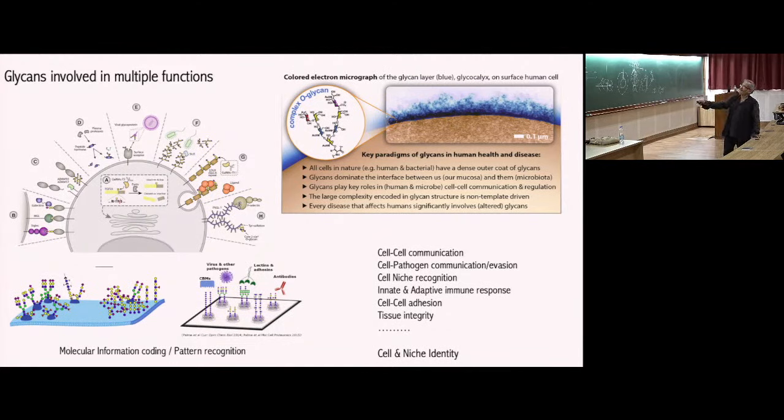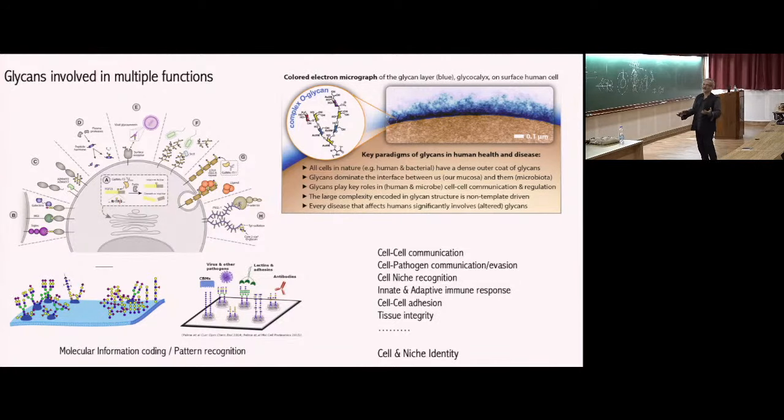So you can see this is a schematic of the many varieties of functions that involve these interesting molecules called glycans. You should think of a given cell which has a cell surface, decorated by these diverse glycan profiles.